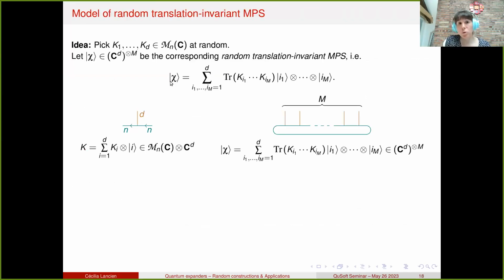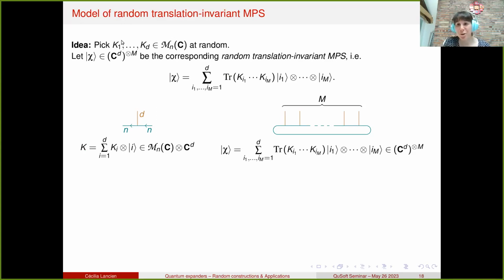So we will just have to pick d matrices K_1 to K_d to define our MPS, and we're going to pick them at random, and look at this MPS chi in C^d tensor m, the corresponding random translation invariant MPS. Each of the coefficients of my MPS chi is given by the trace of the product of m matrices picked amongst this set of d matrices K_1 to K_d.